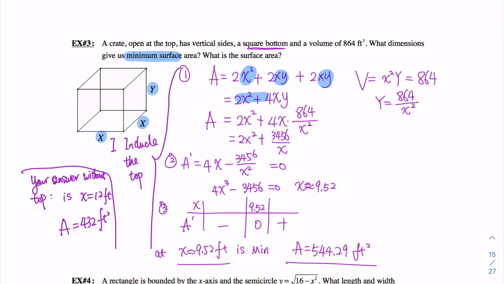So this is the function. However, we have 2 variables, so we have to find a relation between x and y. We use the volume, which is given as 64. So x squared, the base area, times the height. We solve for y and plug it in, changing the area into a function of one variable only, x. Then derivative, sign chart, and maximum or minimum value.